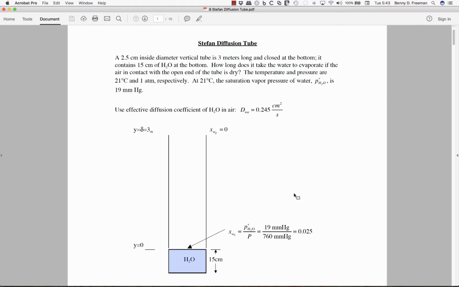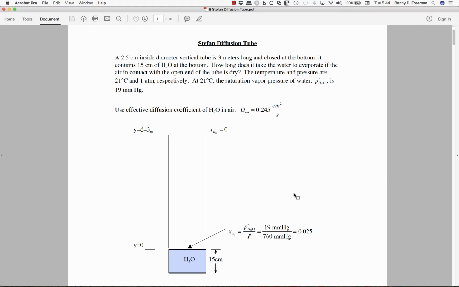We looked at this problem earlier using shell balances, before we developed the machinery of the general continuity and species continuity equations. Now we'd like to come back and reanalyze it using the more general machinery of the continuity equation and the species continuity equation, as well as the jump mass balances, the tools that we've developed here in Chapter 19.